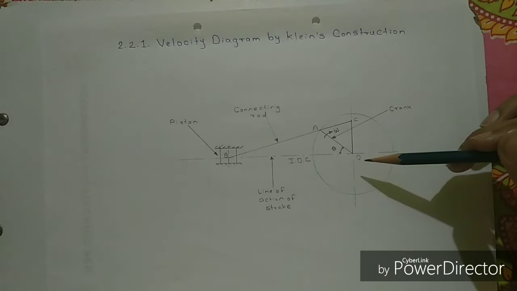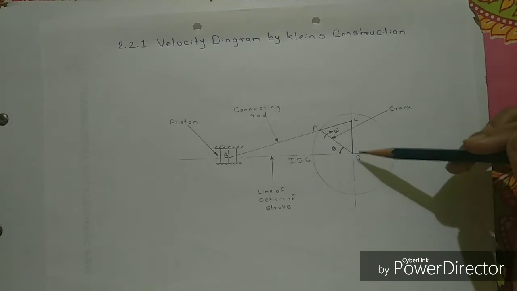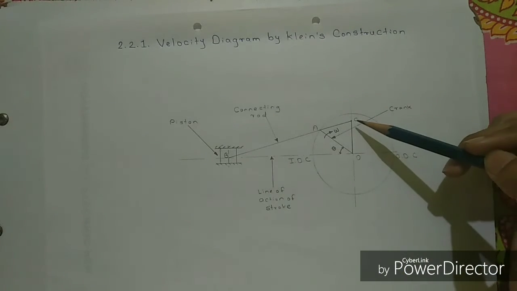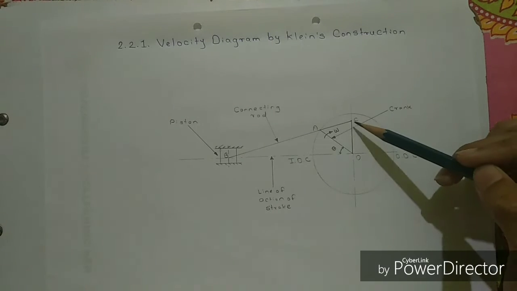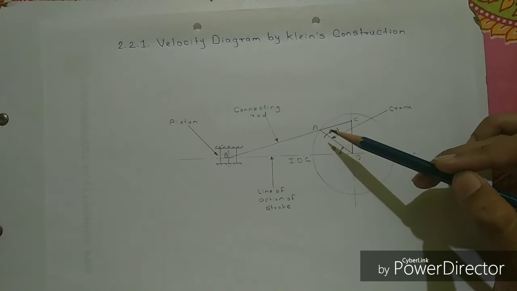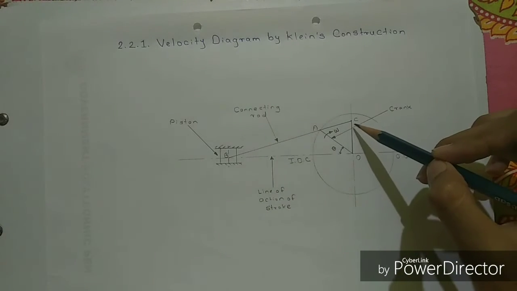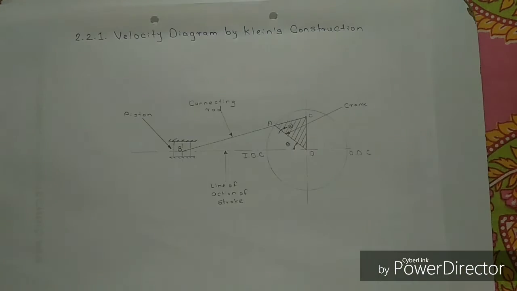Vector CO represents velocity of piston. The velocity of piston is represented by CO, and vector CA, that is C to A, represents velocity of connecting rod, which is explained by the C to A point.